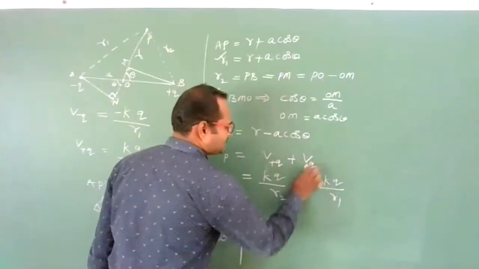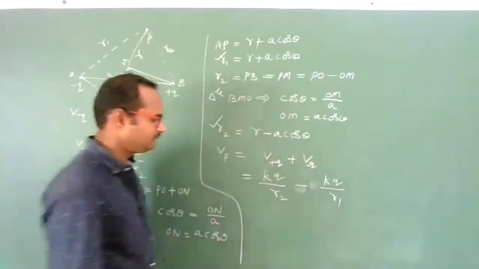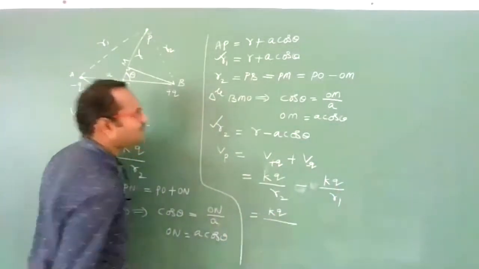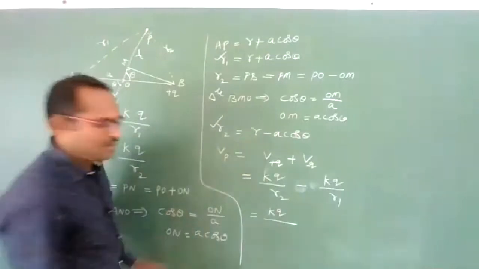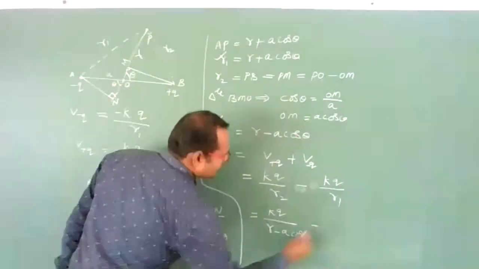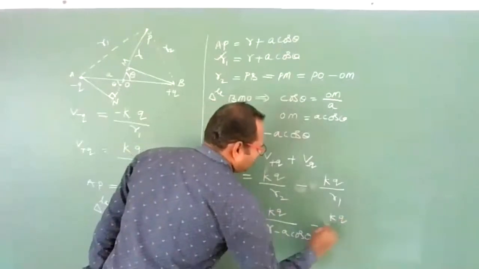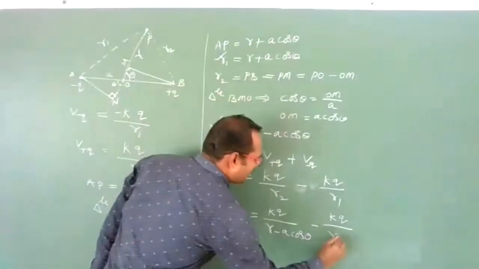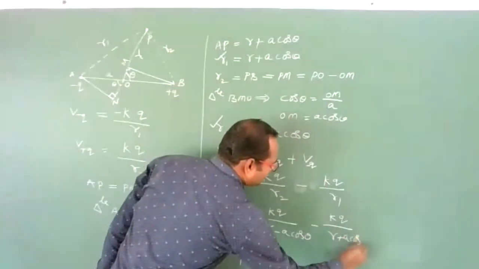Plus into minus is minus, so I'll write minus here. KQ divided by R2 value, R minus A cos theta, minus KQ divided by R1 value, R plus A cos theta.